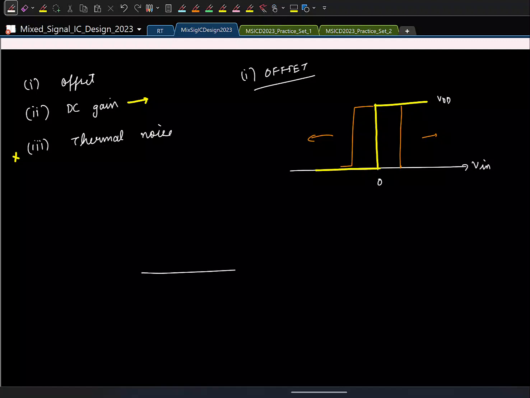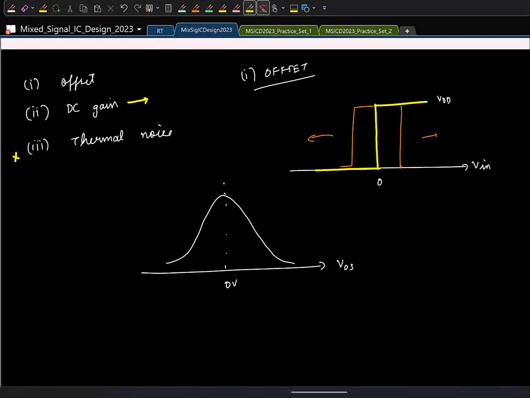And if you plot the probability distribution of this offset voltage for all the 1000 comparators, what distribution do you think it will take? Central limit theorem, so it's Gaussian, and the mean will be 0, because in practice we only have zero mean processes. So as long as the offset arises due to random issues, the mean will be 0.